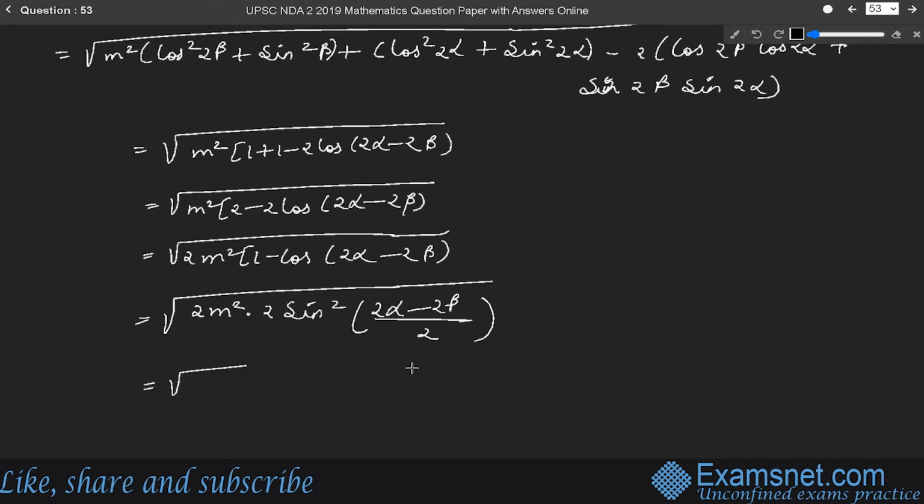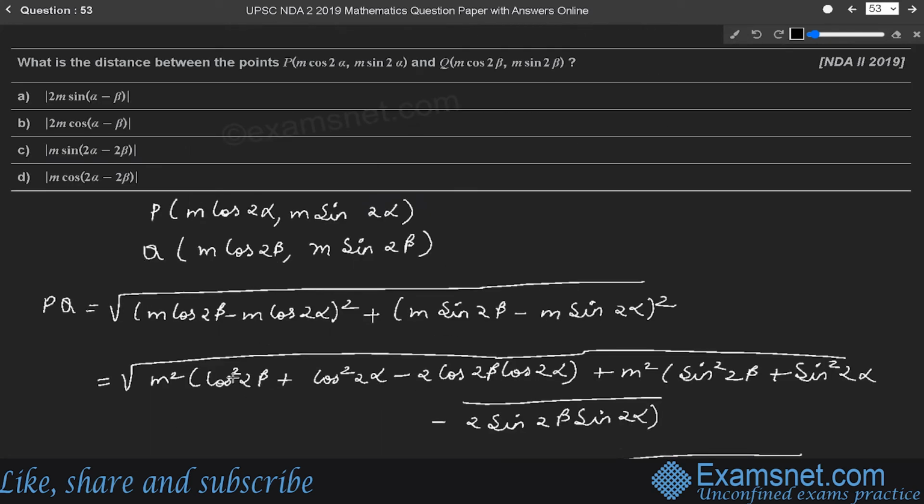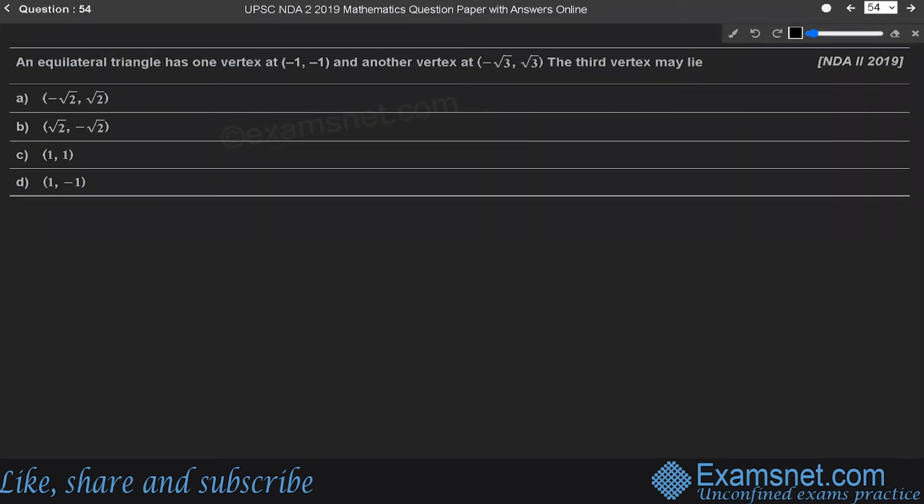So this will be equal to the square root of 4m squared sin² (α minus β), which is equal to plus or minus 2m sin (α minus β). So this will be equal to the modulus of 2m sin (α minus β). Hence we can say that the correct option for this question is option A. I hope this question is clear to you.